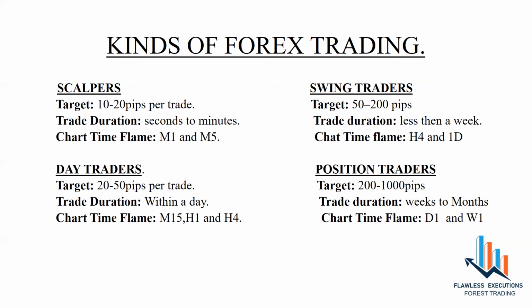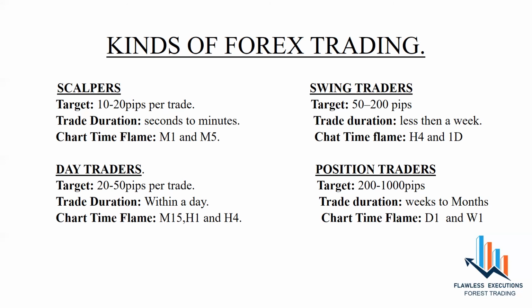I'm going to teach you what all these things mean. Then day traders also target 20 to 50 pips per trade. Their trades are normally within the day, that's 24 hours, and they also use the 30 minutes, 1 hour, and the 4 hours in making analysis. Then we come to the swing traders. They target 50 to 200 pips per trade, and their trades normally last days to a week, and sometimes more.